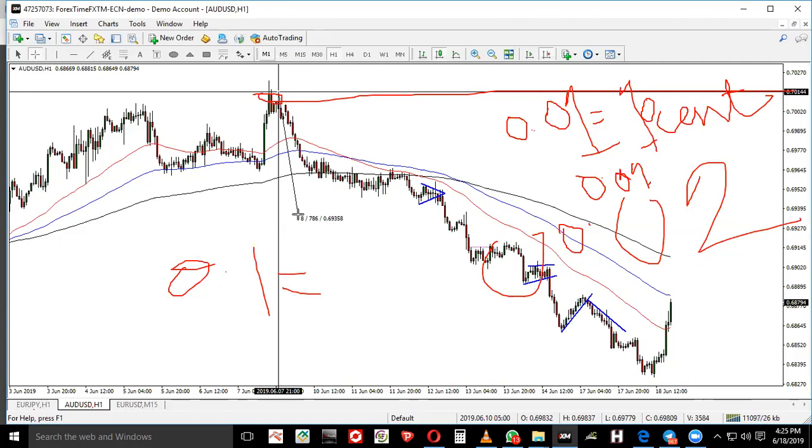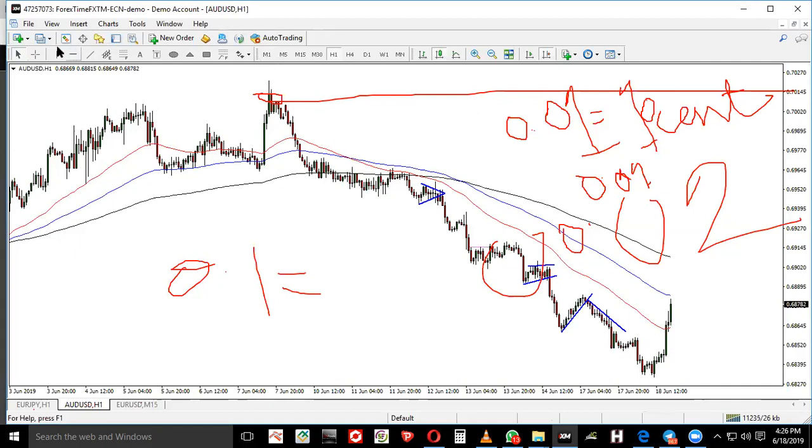And when you are reading the price using this crosshair, you ignore the last number, because this is a 5-digit broker. Don't worry, you don't need to bother yourself with that. So you ignore the last number, which is 6. So the amount of pips from here to here is 78. You understand? It is 78 pips.